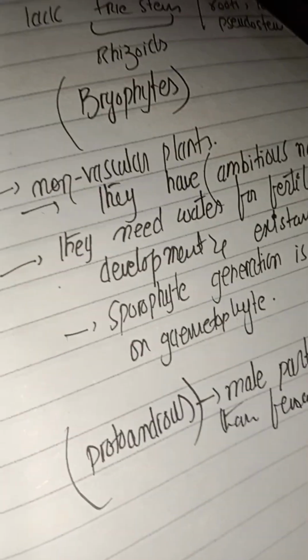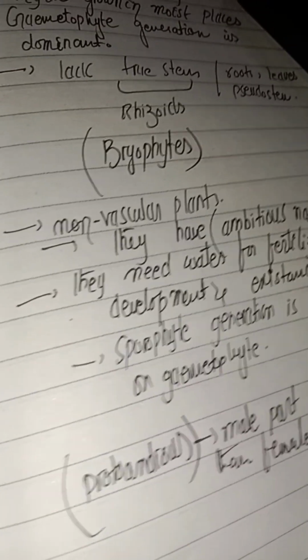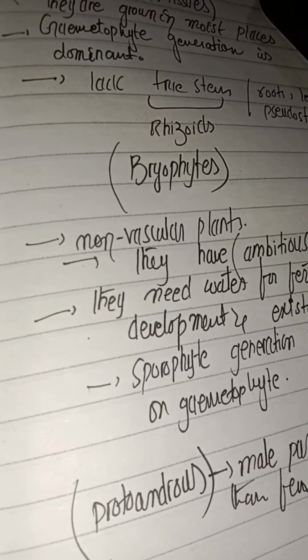As you all know, organisms have two sex organs: number one is male and number two is female.